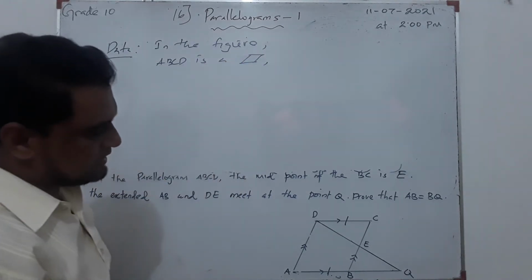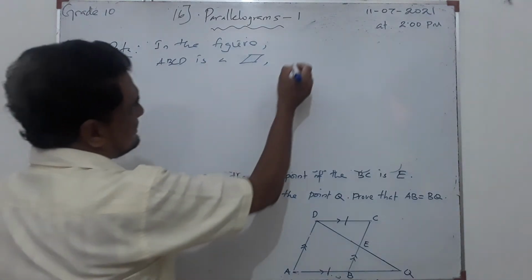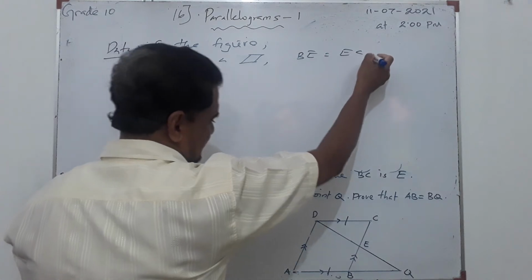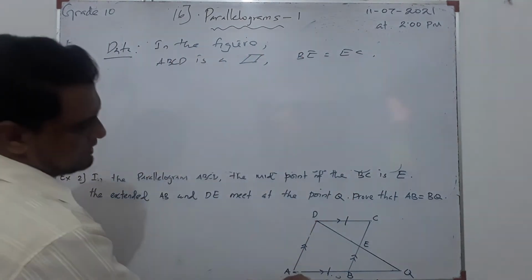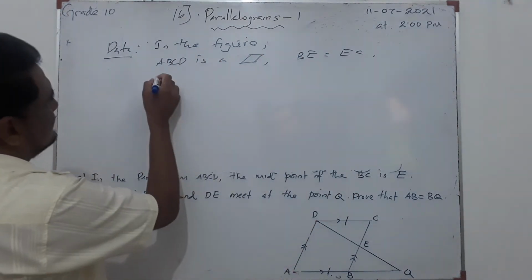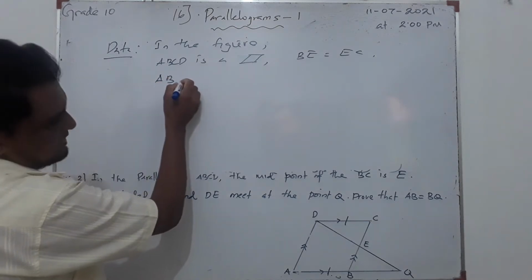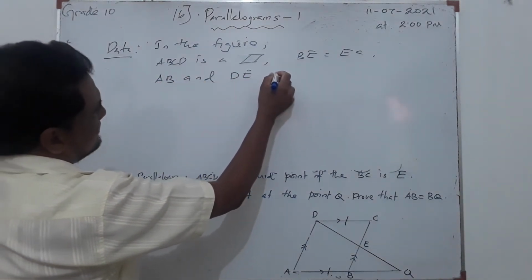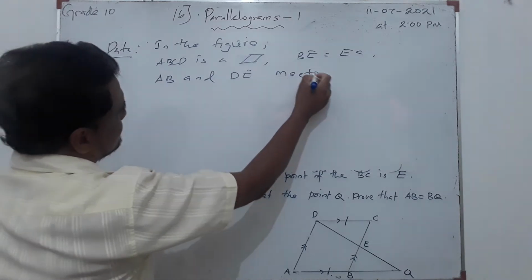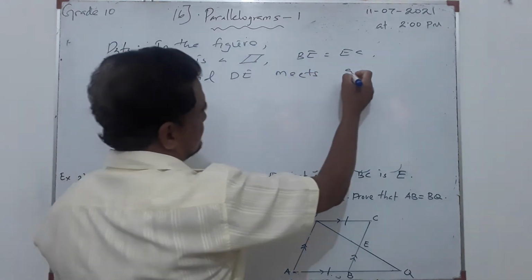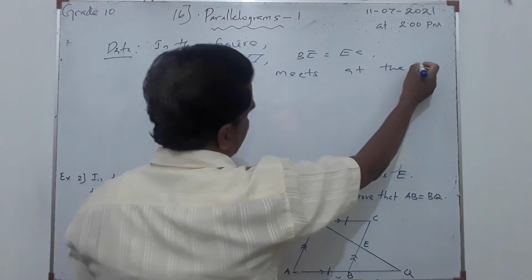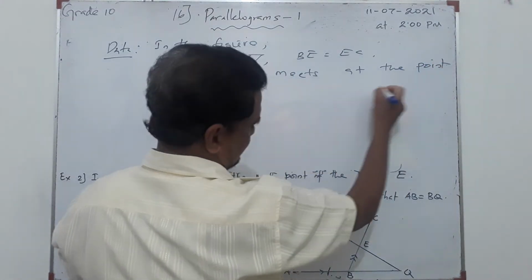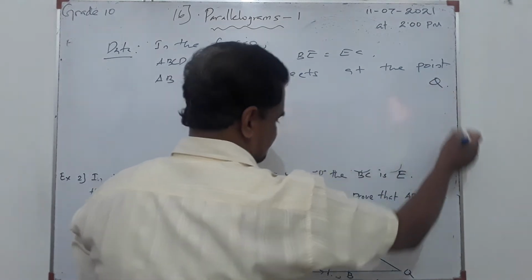You can briefly write here. BE is equal to EC. Okay. Then the lines AB and DE meet at the point Q. Okay.